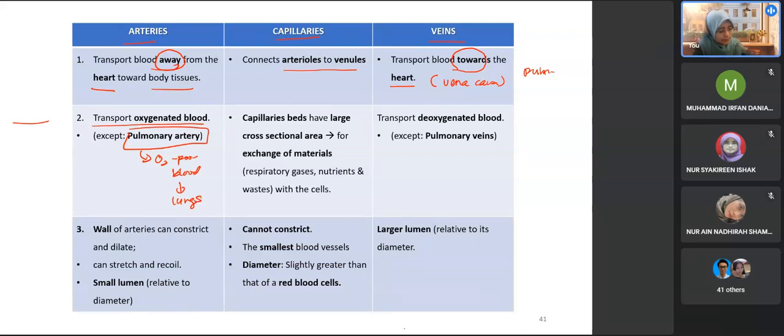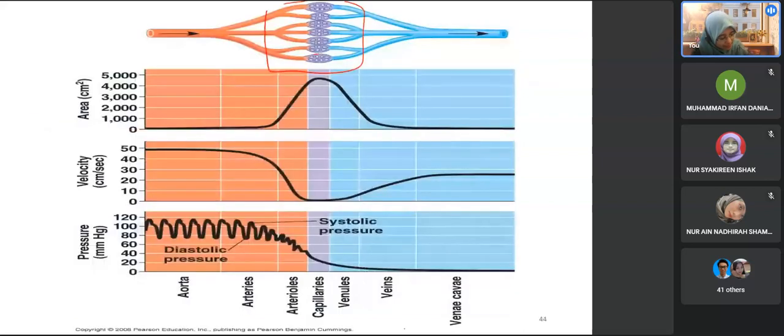Okay, as for the capillaries, you have many blood capillaries forming the capillary beds surrounding your body tissues. These capillary beds will have a large cross-sectional area for exchange of materials. Blood capillaries seorang dia je, it has a small diameter, but kita tak consider this sebagai one individual capillary.